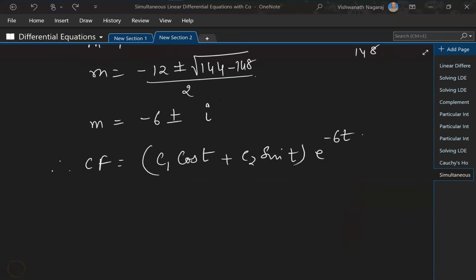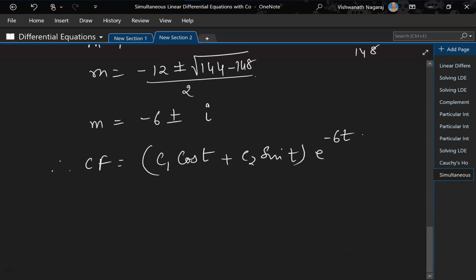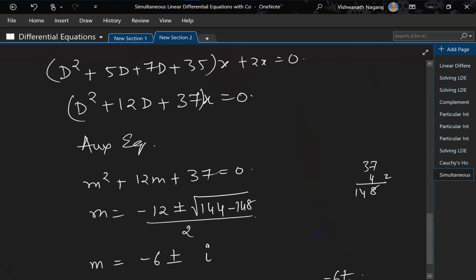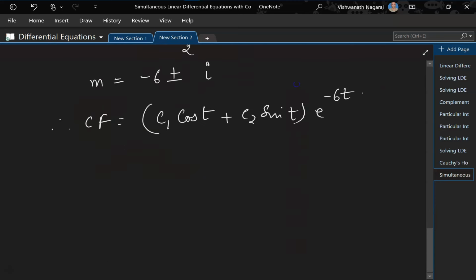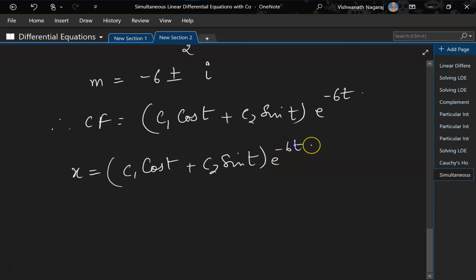Now, I was using m because that is how we were doing it in our previous sessions. We were writing the auxiliary equation in terms of m. But if you think about it, this is nothing but x is equal to (c1 cos t plus c2 sin t) e to the power of minus 6t.